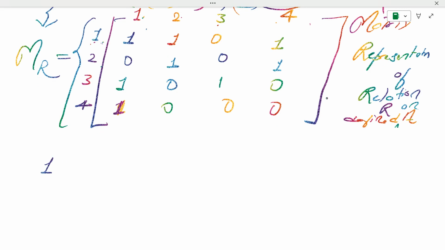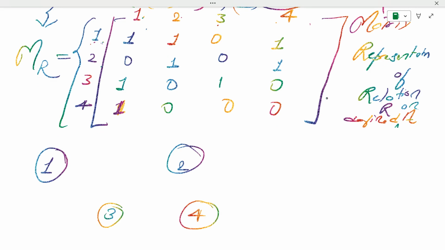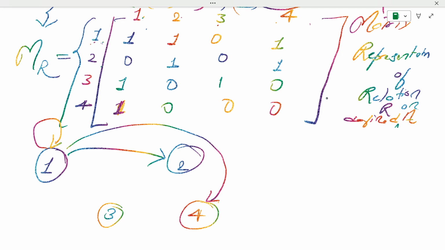So we have 1, 2, 3 and 4. Between 1 and 1, yes, there is an edge. 1 2, yes, there is an edge. 1 3, no. 1 4, yes, there is an edge. 2 2, yes, there is an edge. 2 4, yes, there is an edge.